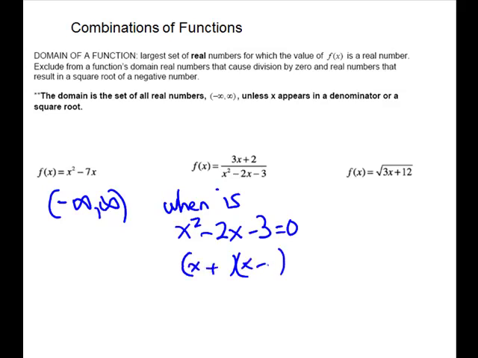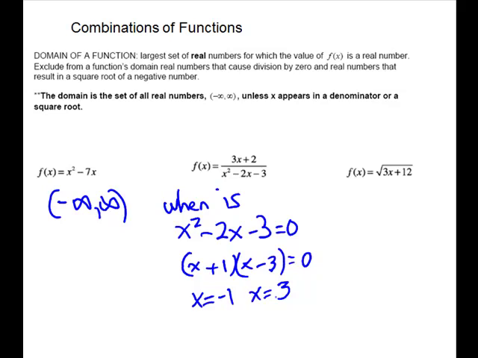So we should be able to use 3 and 1, and I think the 3 will go here. So x equal to negative 1 is bad, and x equal to 3 is bad. So we're going to throw those away.